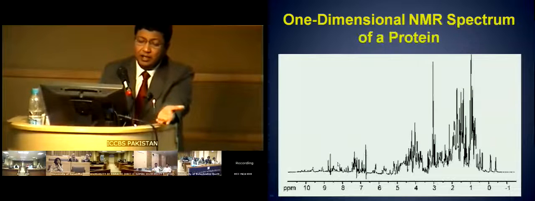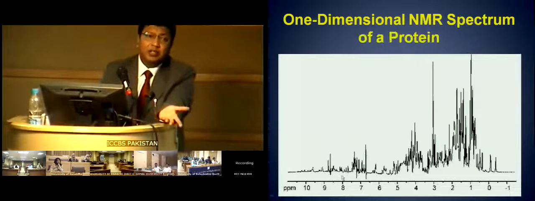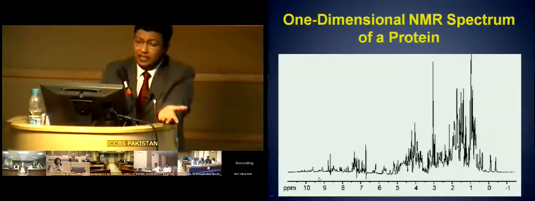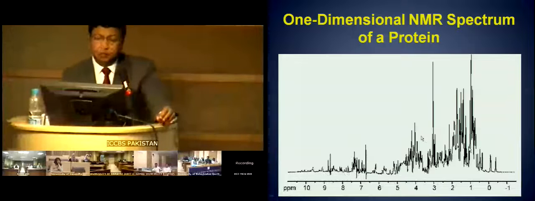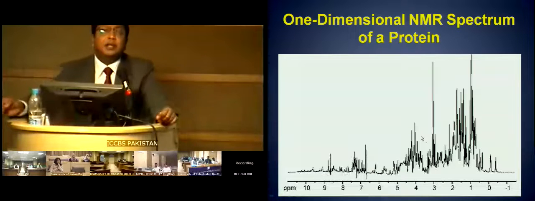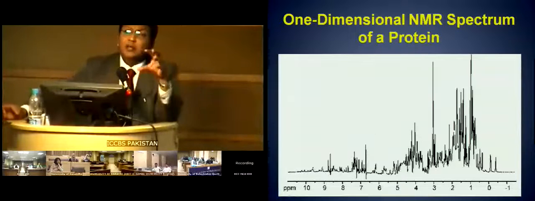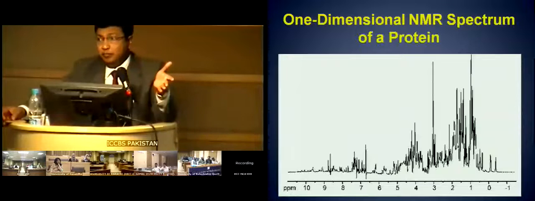There are NHs. You know that there are amino acids with NH, and this NH would come in an amide bond. NH would come in this region. So there are plenty of different types of protons available in this particular proton NMR spectrum. Problem is that you cannot interpret it.